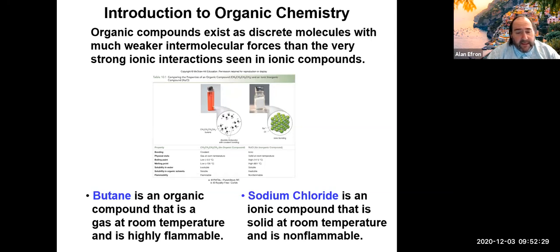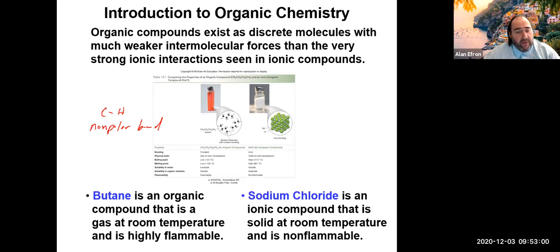When we get something like butane, which is an organic molecule, that's basically four carbons and all hydrogens attached, a very important part is they're actually held together by very weak intermolecular forces. Because organic molecules are made up of carbons and hydrogens, that's pretty much a non-polar bond. And because that's non-polar, a lot of organic molecules are non-polar overall.